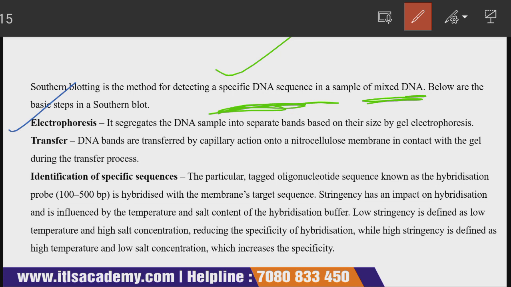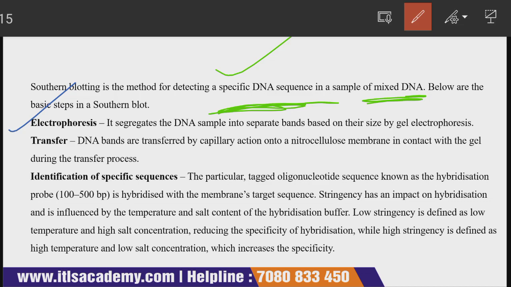Then the particular tagged oligonucleotide sequence, known as a hybridization probe, that is 100 to 500 bp, is hybridized with the membrane-bound sequences. Stringency has an impact on hybridization, and it is influenced by the temperature and salt content of the hybridization buffer.